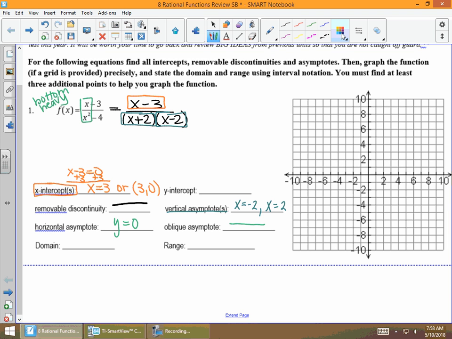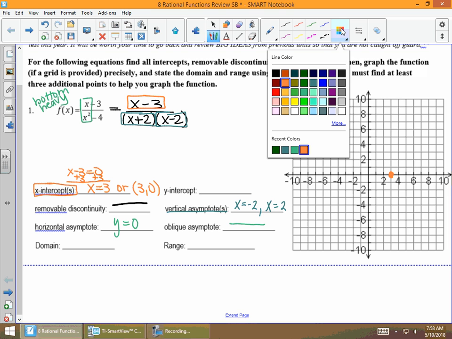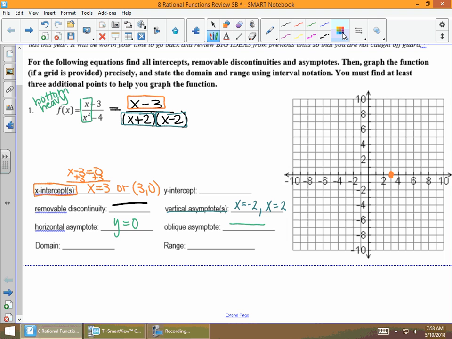I have the point (3, 0). I have my asymptotes at x equals negative 2 and x equals positive 2.